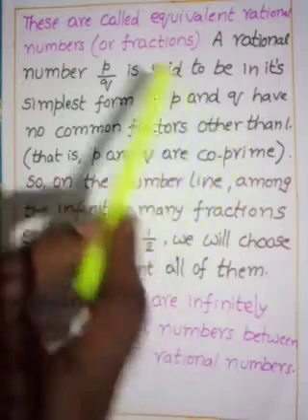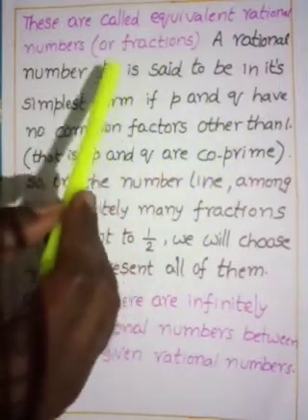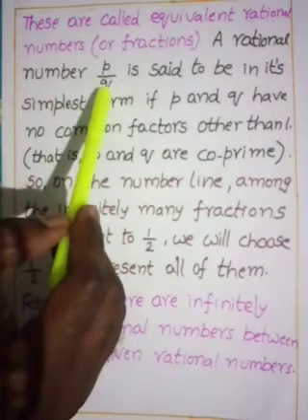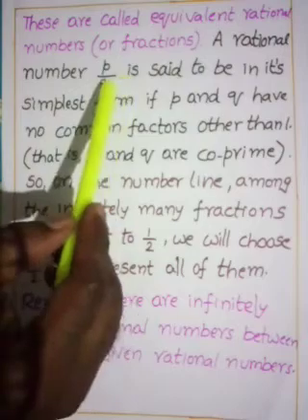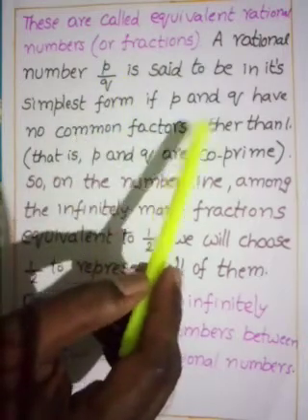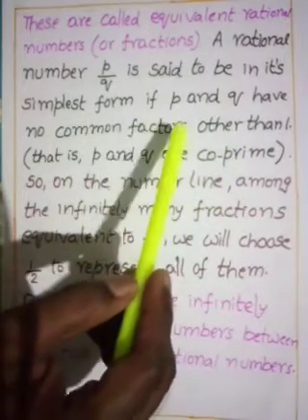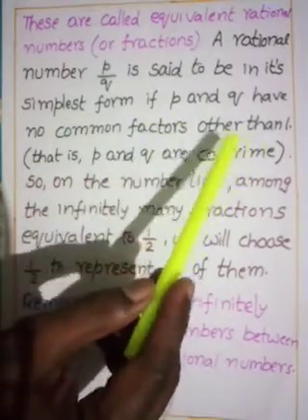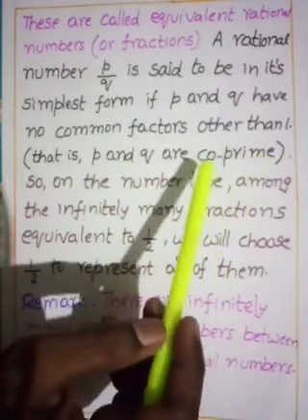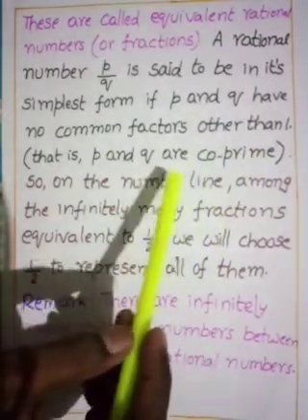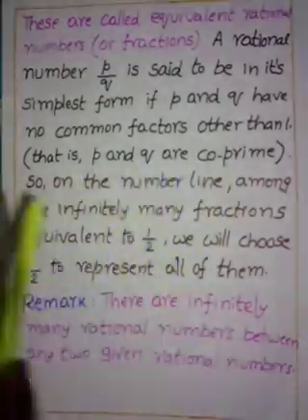So, if any rational number is given, it is said to be in its simplest form if the numerator and denominator have only 1 as a common factor. It does not have any other common factor other than 1. That is, p and q are co-primes. Understood, my dear children? Recollect the definition of co-primes. Okay, my dear children.